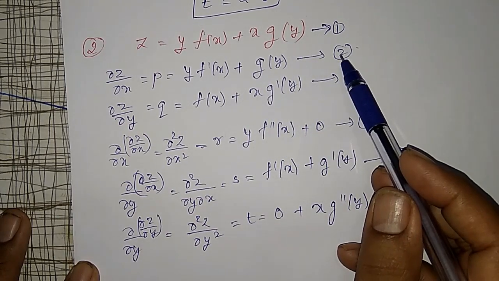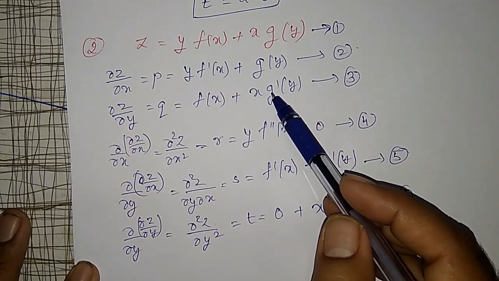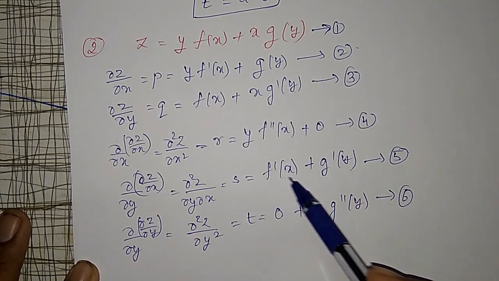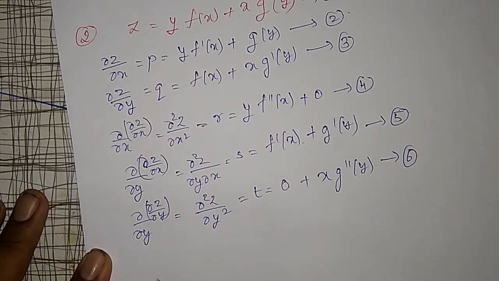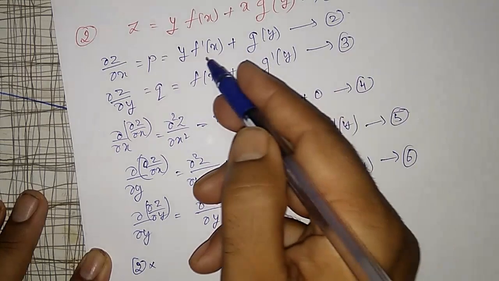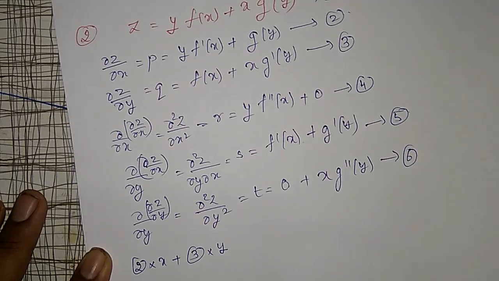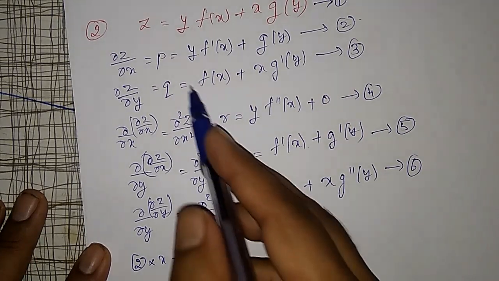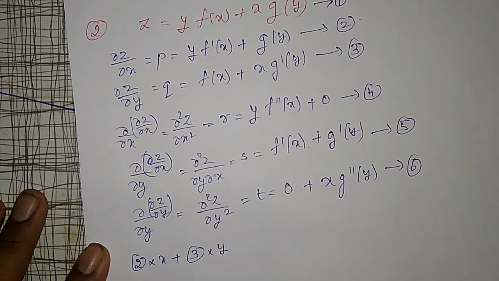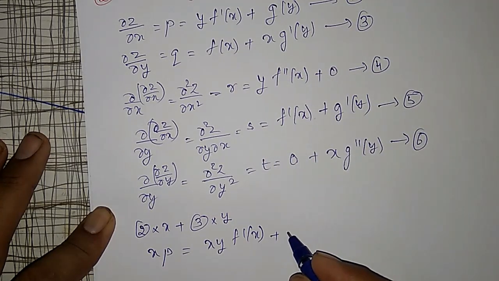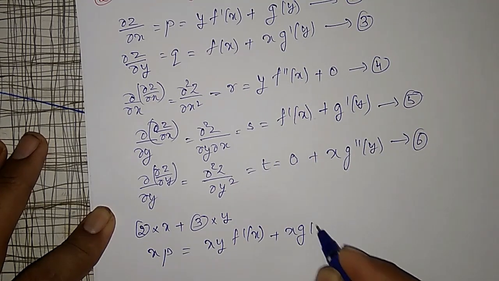That's why what I will do is multiply equation 2 by x and equation 3 by y and add them. Then I can substitute for this f dash of x and g dash of y. Okay, equation 2 into x plus equation 3 into y. What is equation number 2 into x now? Left hand side, xp equal to xy into f dash of x plus x into g of y.